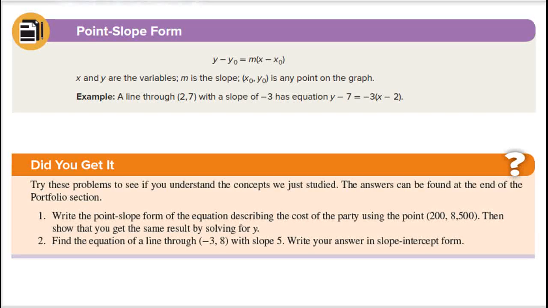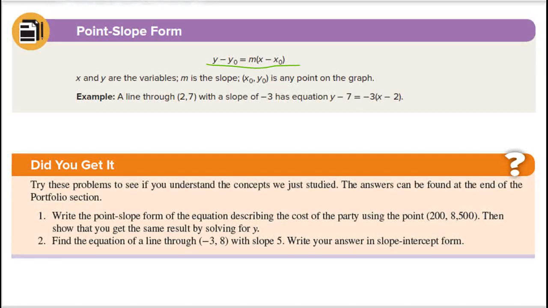So that's a fine way to do it. If you don't want to remember this form, y minus y0 equals m times x minus x0. I should say m times the quantity x minus x0 to indicate that x minus x0 is in parentheses. You can do it either way.